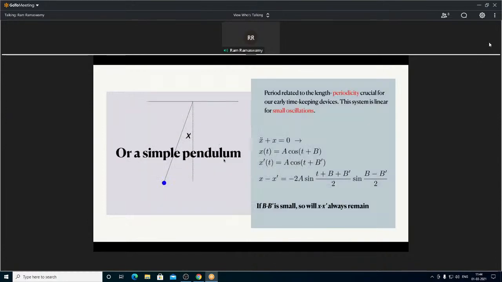If you take a simple pendulum, for example, this is an example that all of us look at even in school, and you can do the mathematics very nicely, and it's all straightforward.